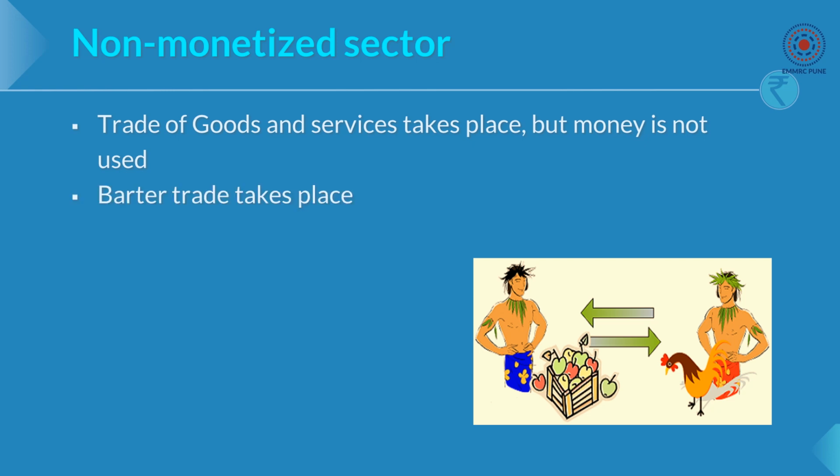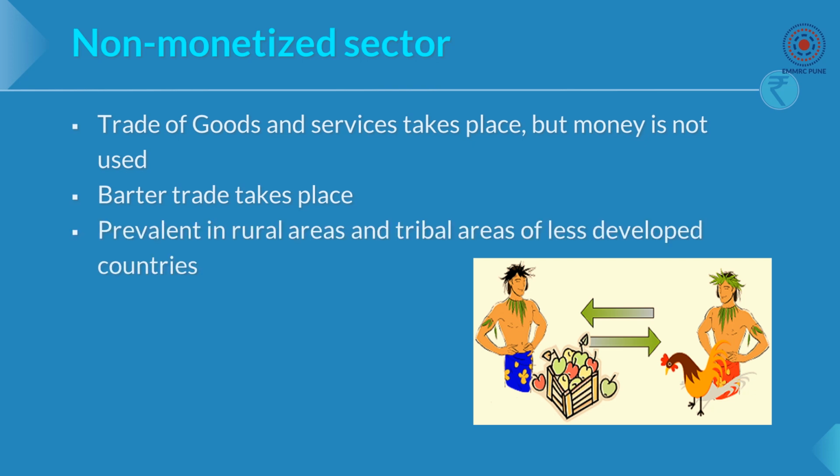Barter trade takes place. Such sectors are widely prevalent in rural areas and tribal areas of less developed countries. Though transactions are taking place, money is not used. Hence, these transactions are not recognized and registered by the state authorities. Only the transactions in the monetized sector are considered in calculation of national income.